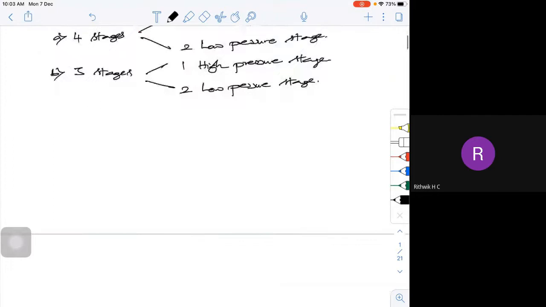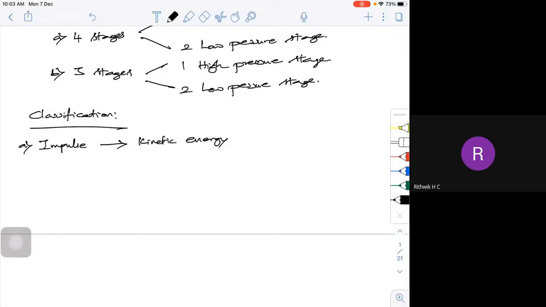Now, when you come to the classification of the steam turbine, the major classification which we already have is impulse. What is actually in this impulse steam turbine? The kinetic energy, which is V square by 2g.